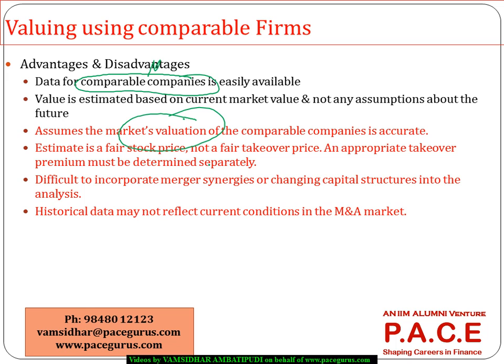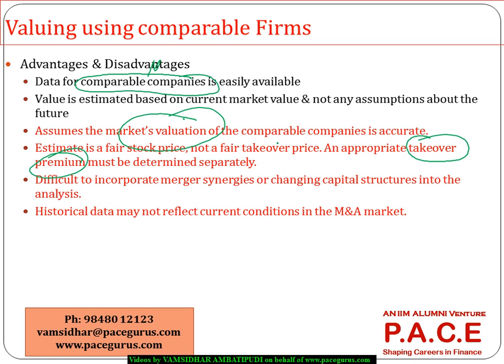So that's one part. The second part is, when I am computing the takeover premium, I am finding it out separately, because I am only looking at comparable companies which might not have undergone any takeover. And takeover premiums may be from completely unrelated industries also.